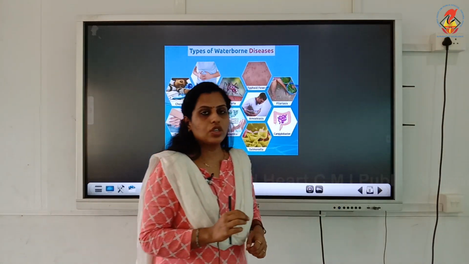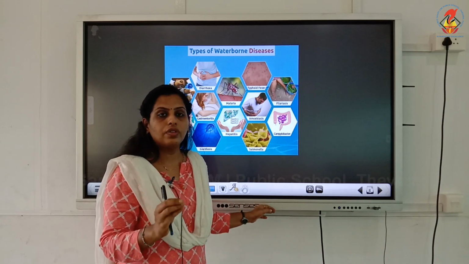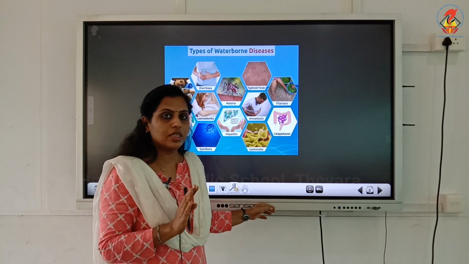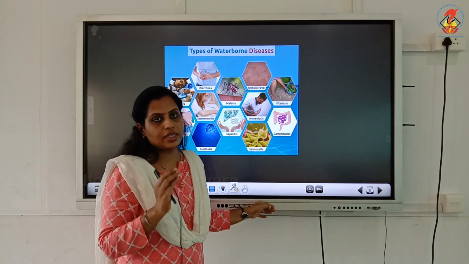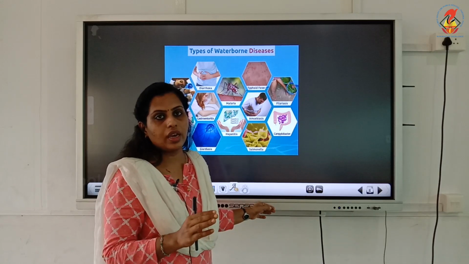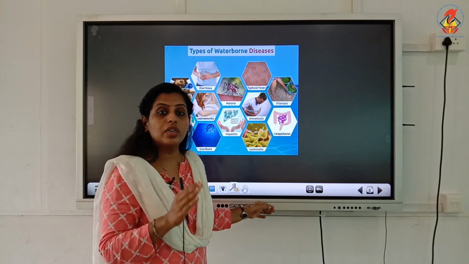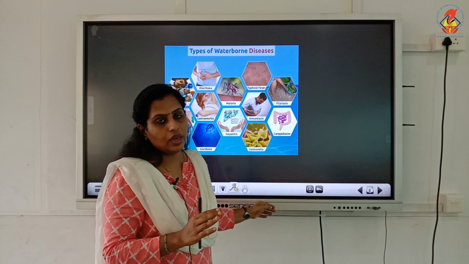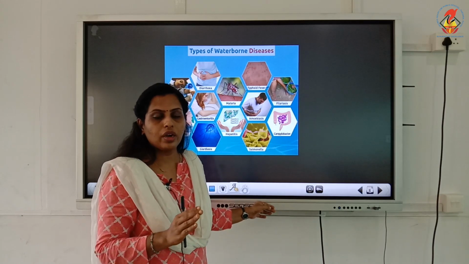Now, let me ask you another question. Do you think the water level of rivers always remains the same? No. During the dry season, when there is no rain, the level of water will be very low. The rivers will remain dry. But when it is a wet season, when there is rain, what happens?